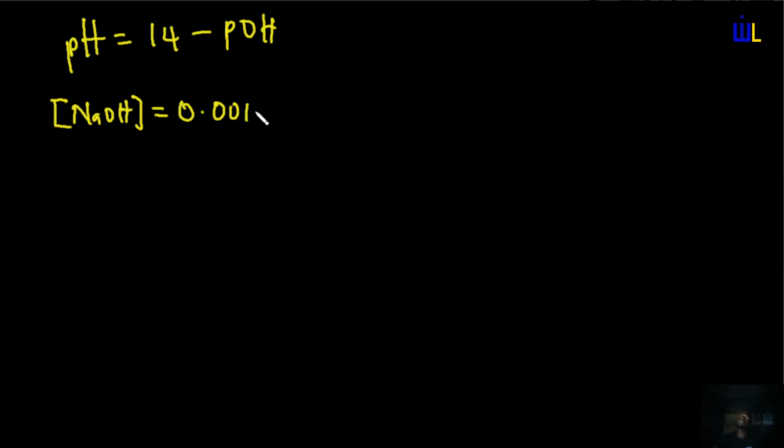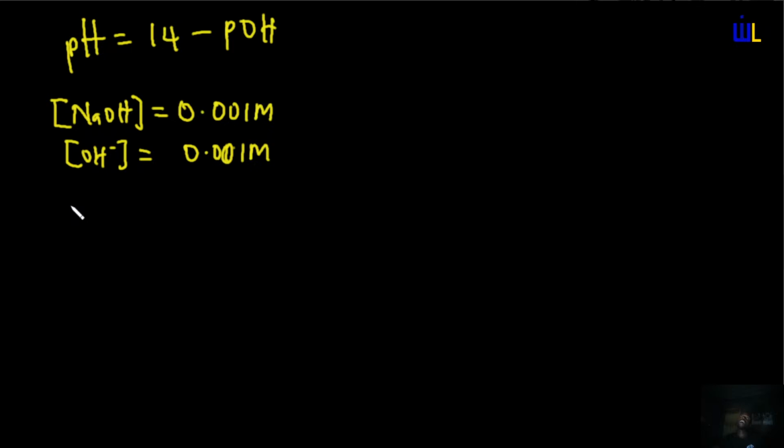This is 0.001 molarity. So when we find the concentration of hydroxyl ion, what you are going to get is 0.001 molarity. As we solved earlier, this is the same question. So as we solved earlier, we got that the concentration of the hydroxyl ion is this. Now, instead of going through those rigorous processes, we could simply use the concentration of hydroxyl ion to find pOH, and then do 14 minus pOH, and we'll get our answer.